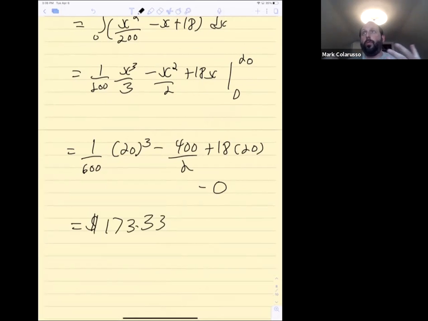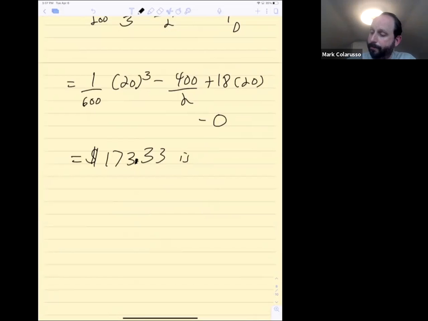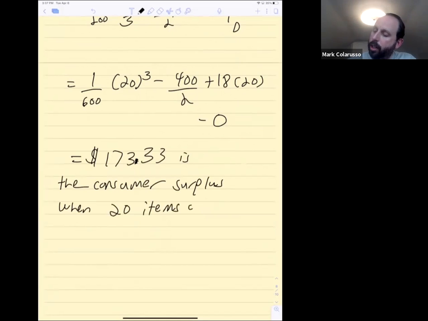$173.33 is the consumer surplus for this quantity, when it's being sold at a price of $32, when 20 items are sold for $32 each.